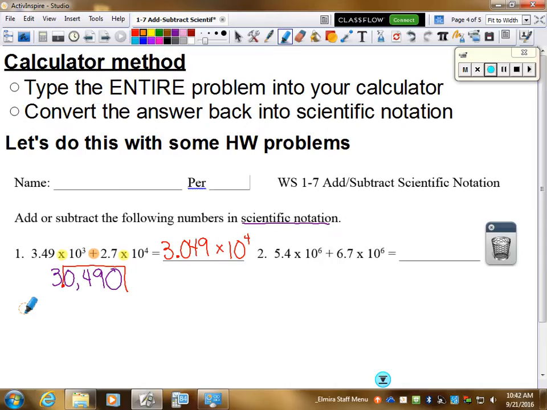The calculator method only works as well as how carefully you type. So before you hit enter, slow down, look through what you typed, and make sure that all the signs are correct and everything is typed in correctly. Okay?